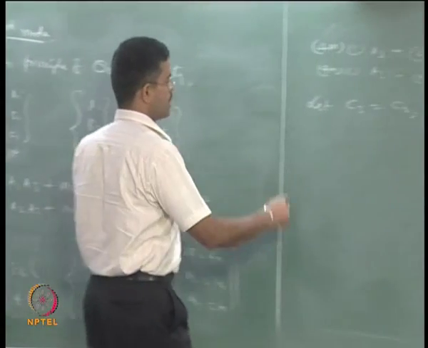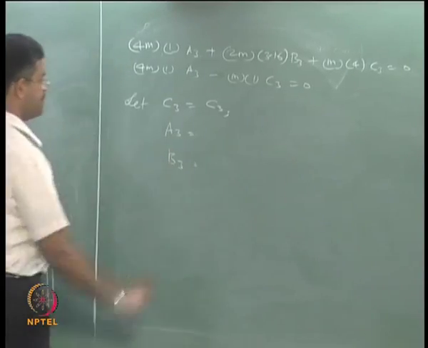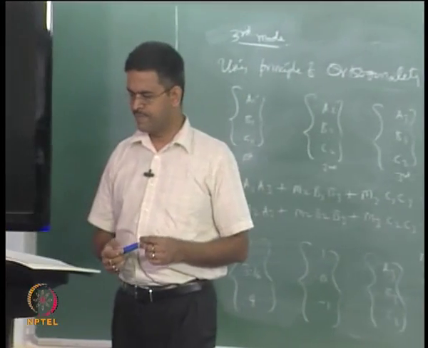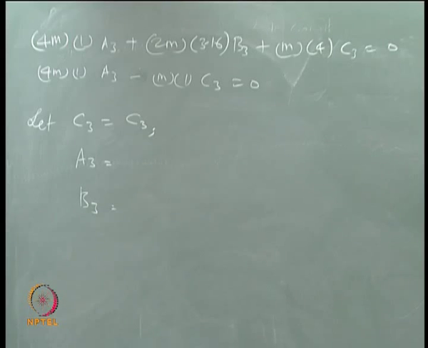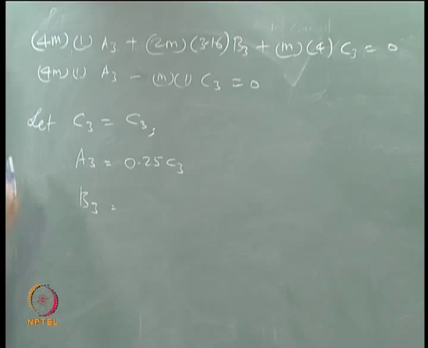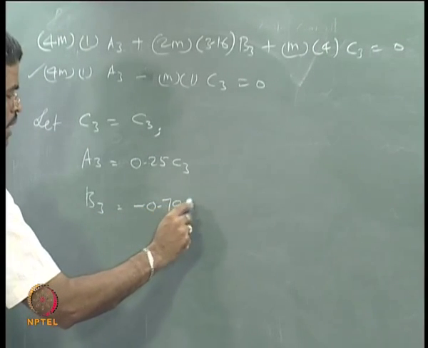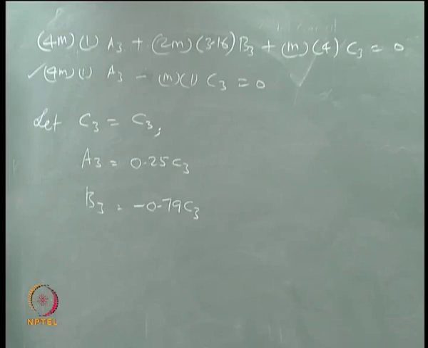So now what are A3 and B3? A3 will become 0.25 C3, that is available in this equation straight. Substitute back in the first equation, B3 becomes minus 0.79 C3, is that okay?